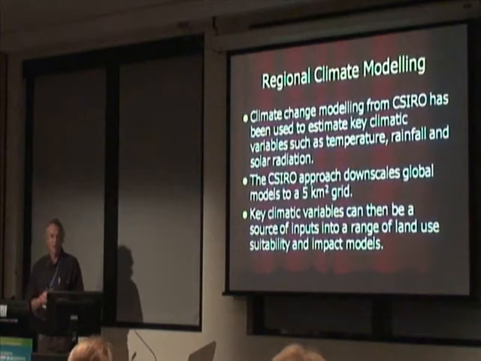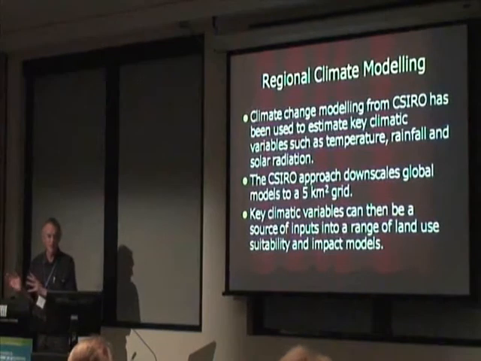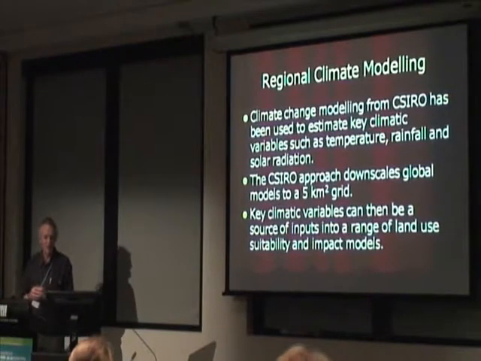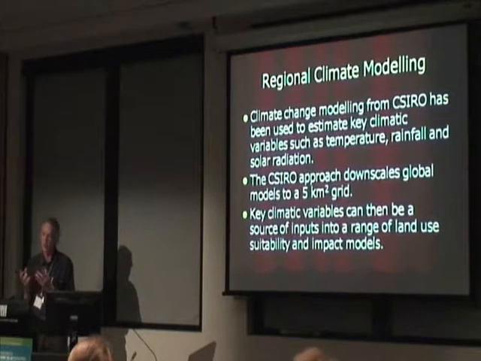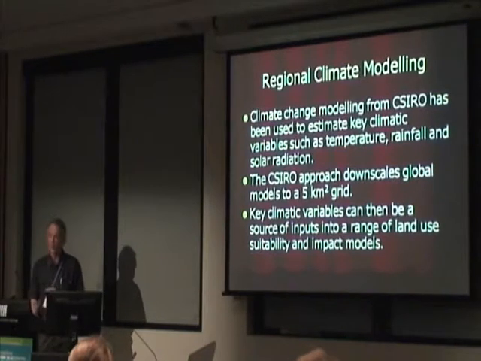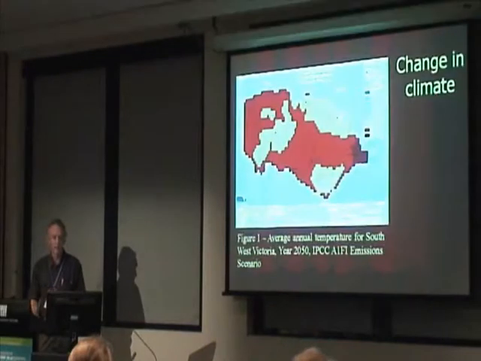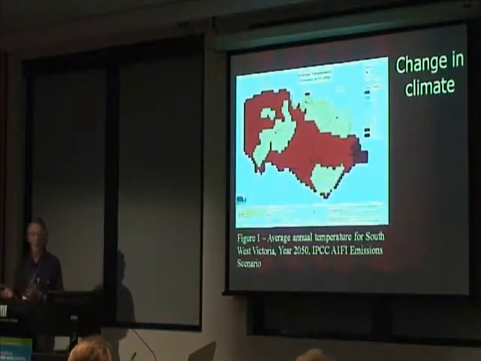So the base level CSIRO climate change model was taken down to its 5-kilometre grid, and that local variation as modelled can then be input into land suitability and other kinds of impact models at the local scale.